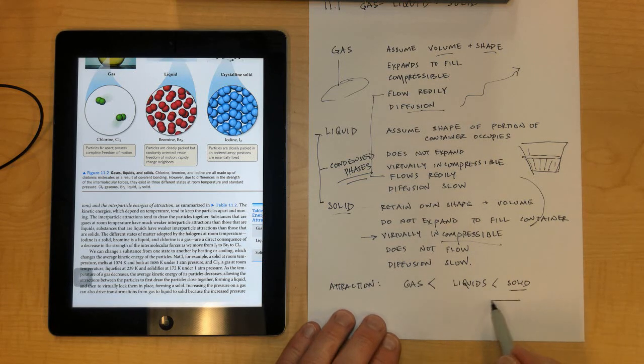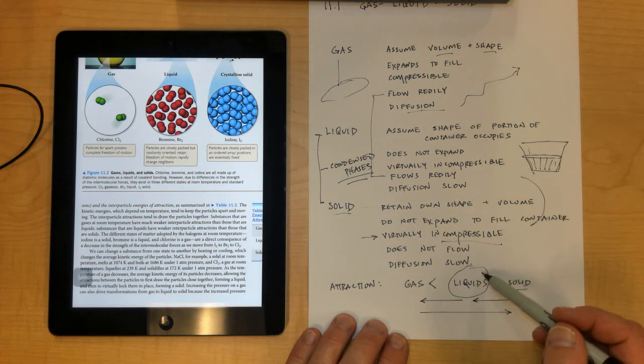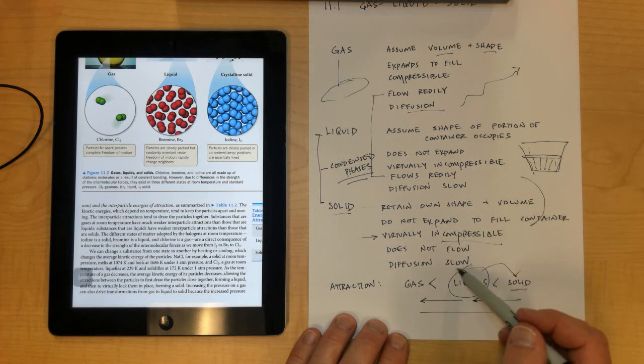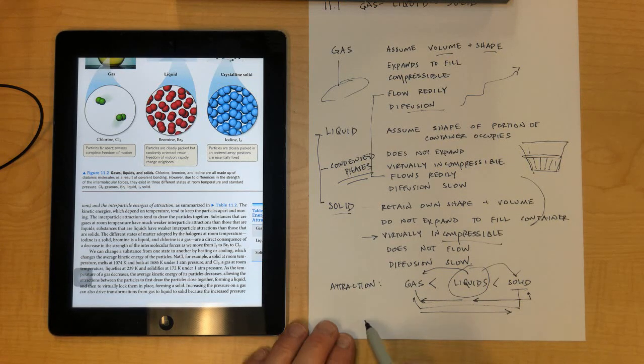And this change between solid and liquid and gas, or vice versa, is what this chapter is all about. It's all about what makes things change from this middle phase to a solid, or from a liquid to a gas, or directly from a solid to a gas, or directly from a gas to a solid. These, of course, take energy to take place.